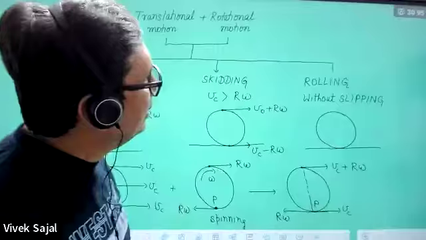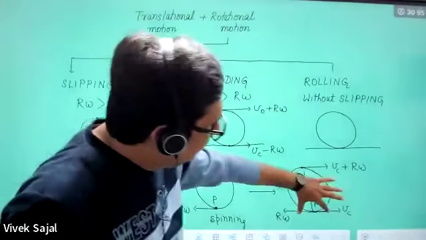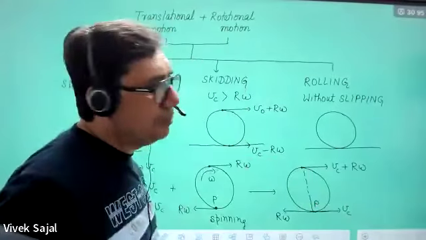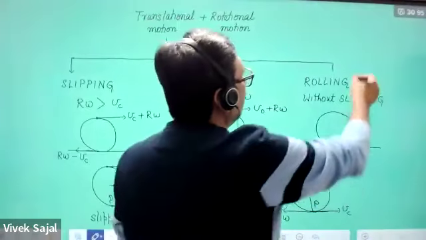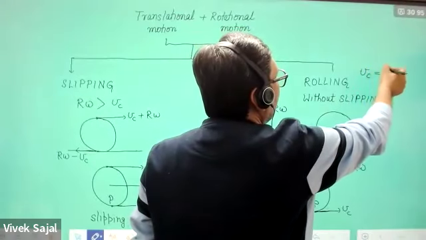So in the third case, when rolling without slipping takes place, that will be the case when these two velocities are equal: Vc is equal to R omega.